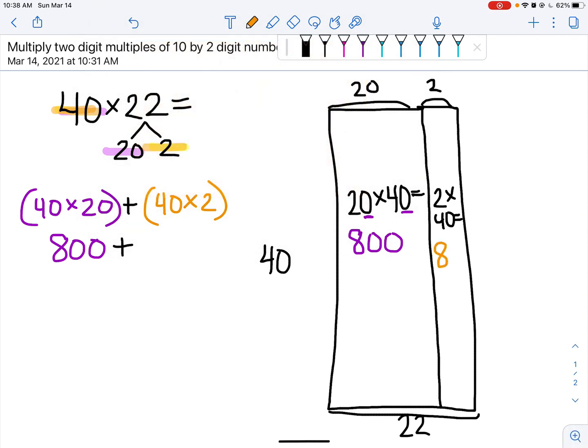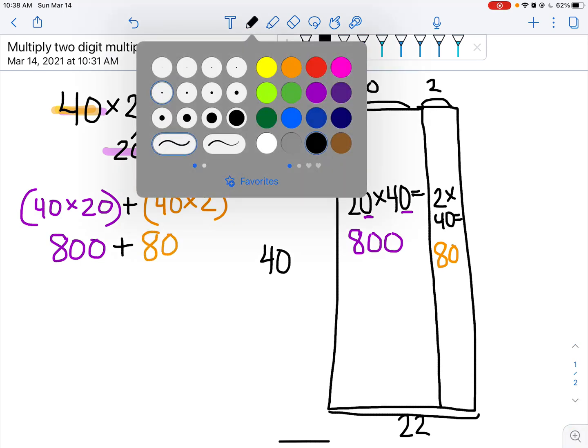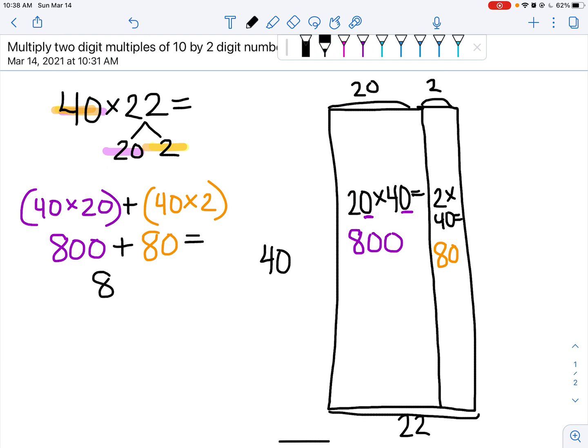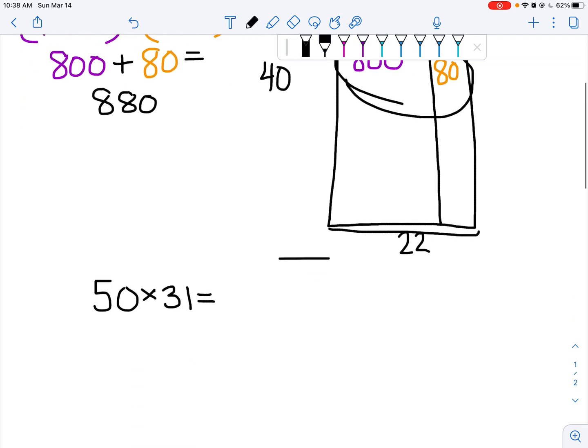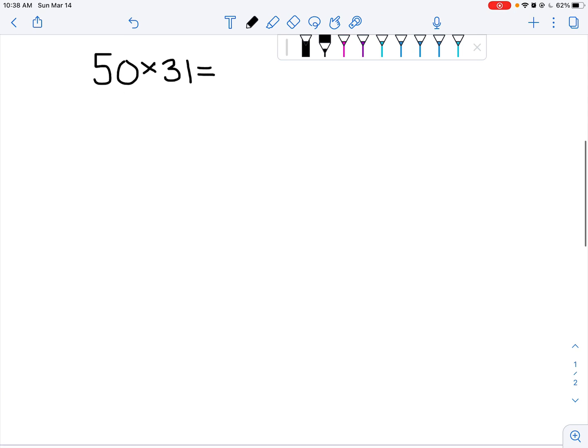And again, you know 2 times 4 is 8, so 2 times 40 is 80. And so then all we're going to do is add those two parts together, and you get 880 as the area of the whole rectangle, right? We're taking both of these parts and adding them together to find the area of the whole rectangle. So it's not as tricky as it kind of seems, right? We're just breaking it up into parts.